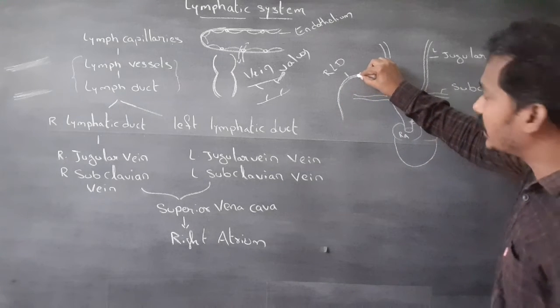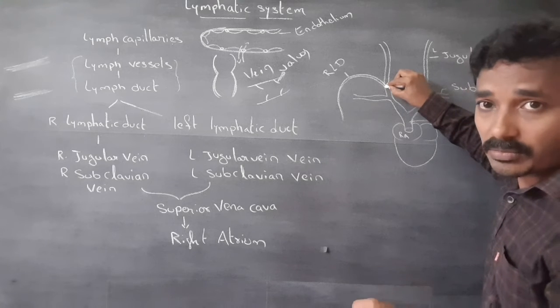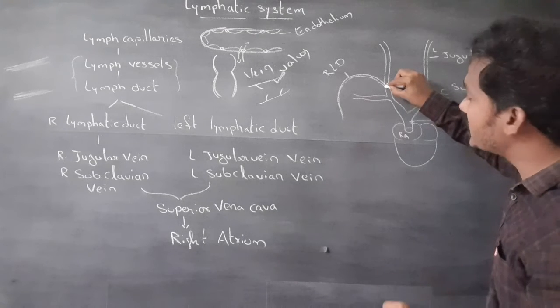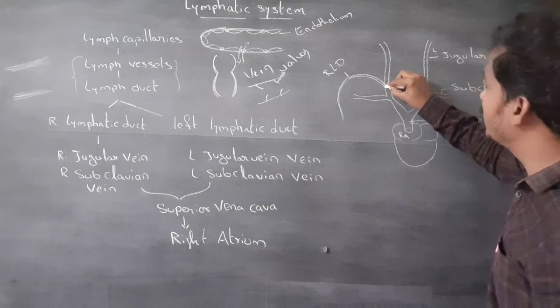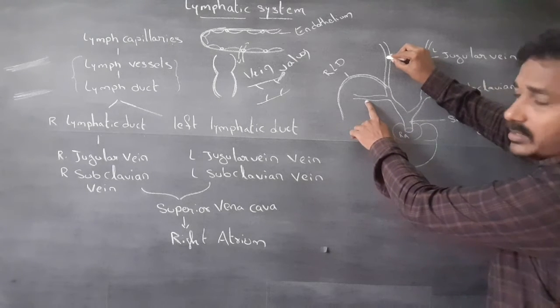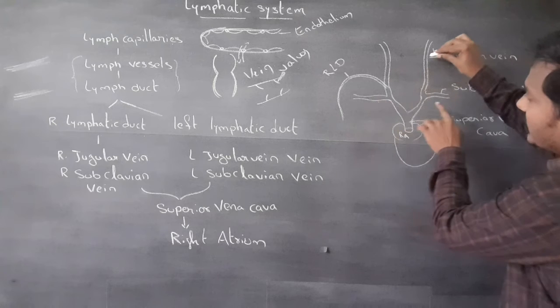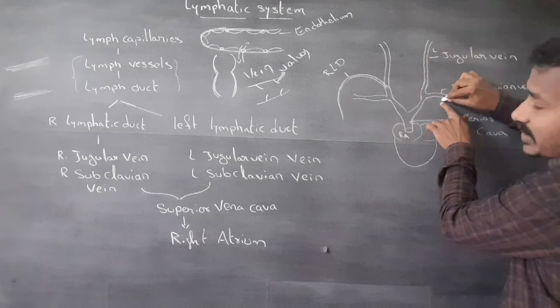These lymphatic ducts open into the venous system at the junction of the jugular vein and subclavian vein. This is the jugular vein, this is the subclavian vein.